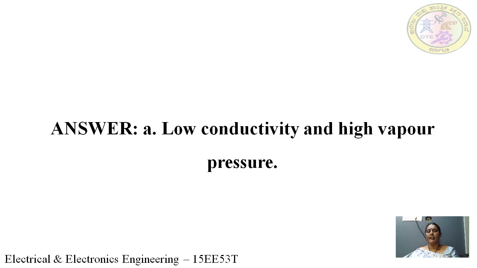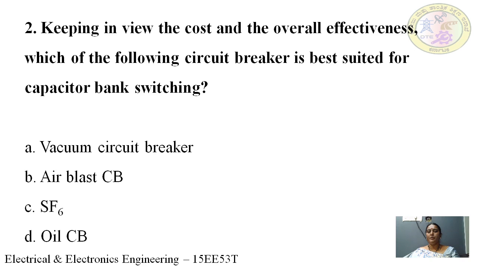Why high vapor pressure? Because of that there will be arc quenching in a vacuum circuit breaker. Next question. Keeping in view the cost and overall effectiveness, which of the following circuit breakers is best suited for capacitor bank switching?